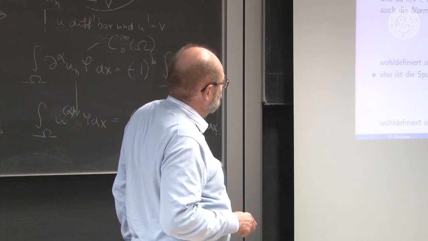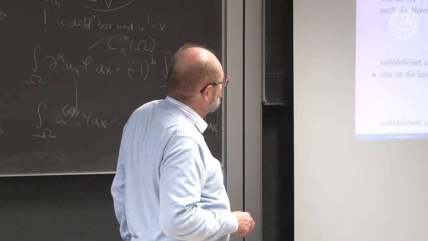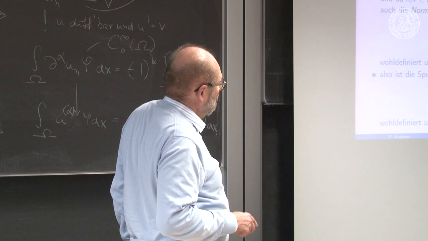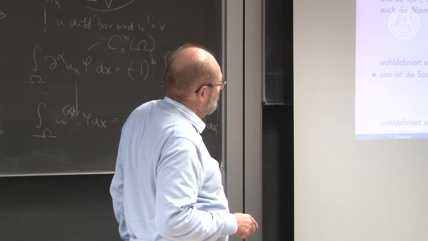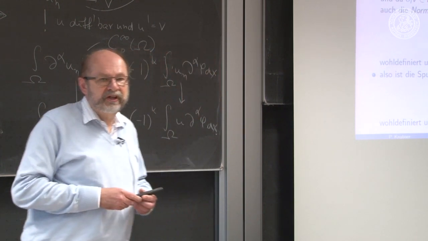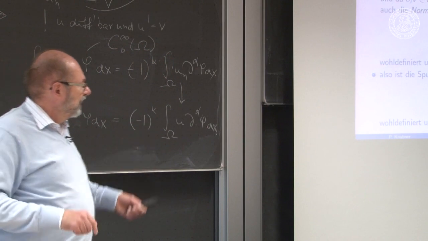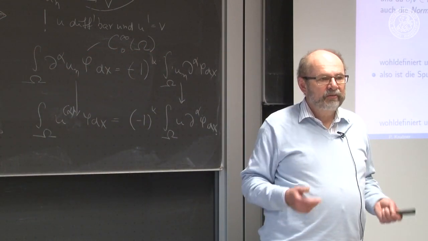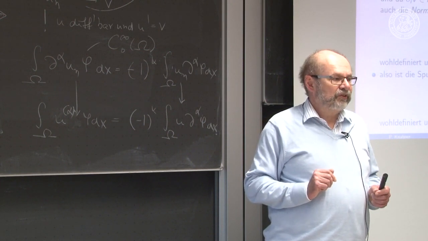So for an H2 function, I have an extended trace operator, which does not only give me the function values as a trace, but also in an extended version, the normal derivative. So this gives me a possibility for an explicit formulation of something like Neumann or mixed boundary conditions, if necessary.